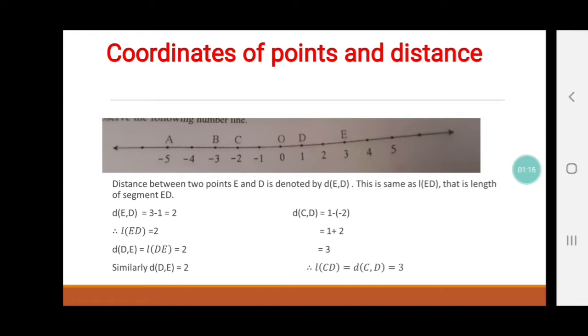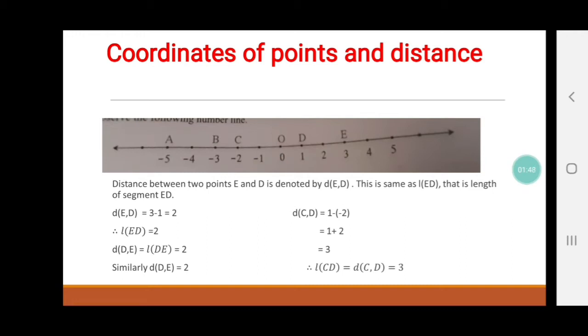Now the numbers which are there on the number line are known as coordinates. And these coordinates are represented by a point which are denoted by capital alphabets. 0 is generally represented by letter O, right? And the other points can be represented by the letters, 26 letters of English alphabet.